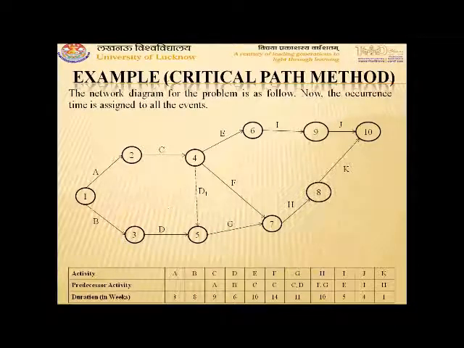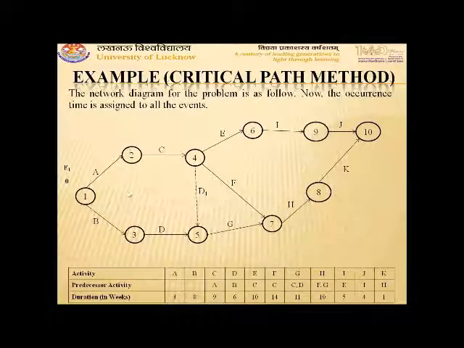Now we start the calculation of earliest occurrence time for events, or earliest start time for the activities. So we use the forward pass method, which says put E1 is equal to 0. So here I have taken E1 is equal to 0. Now as the second step, compute the earliest finish time and set the earliest occurrence time for events.